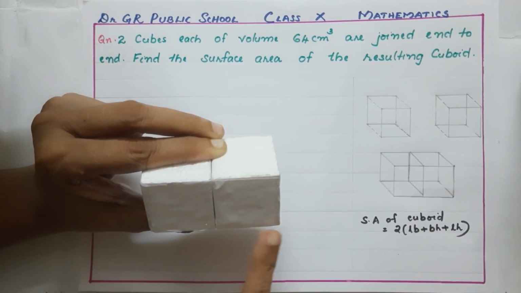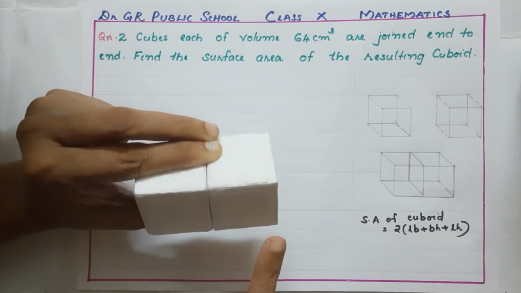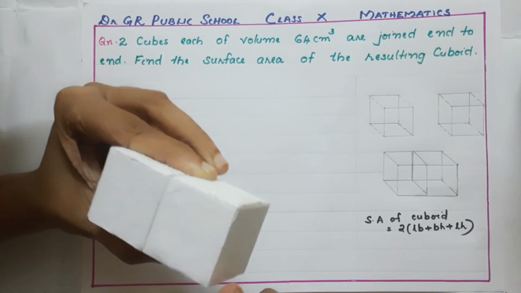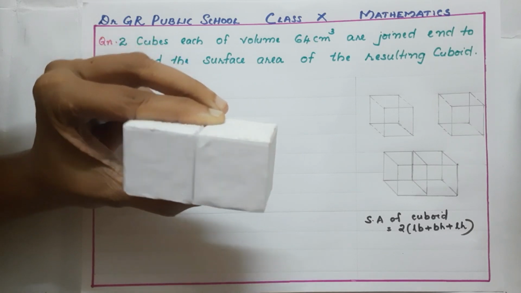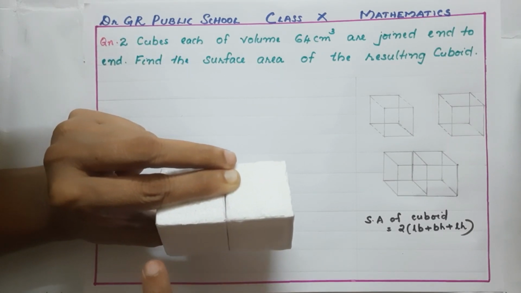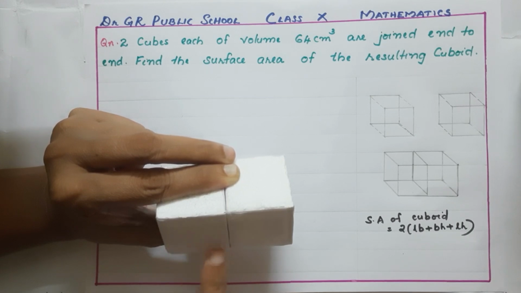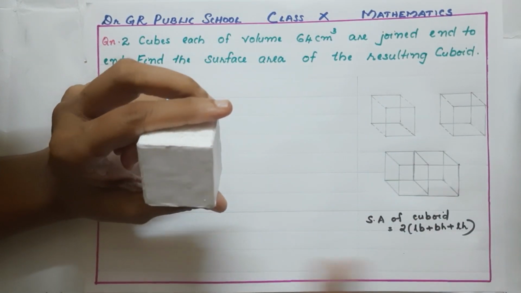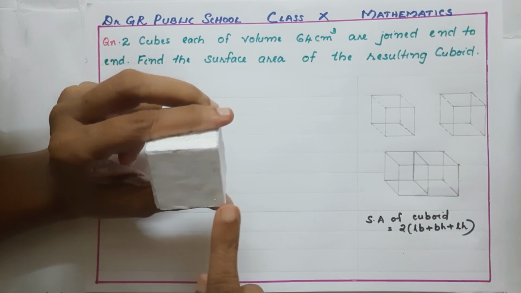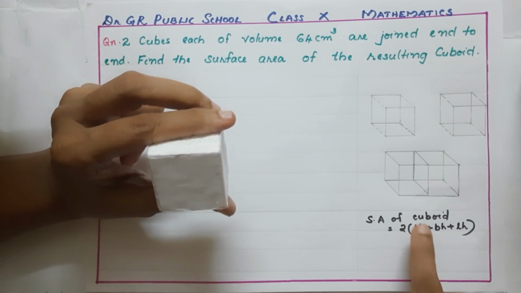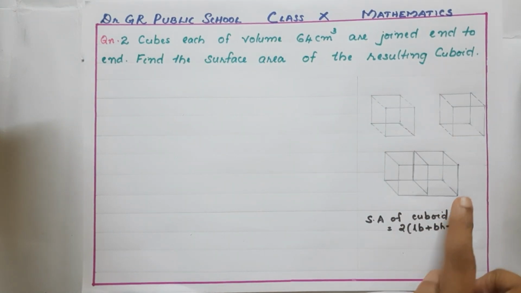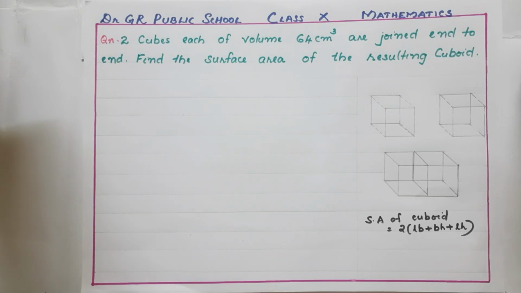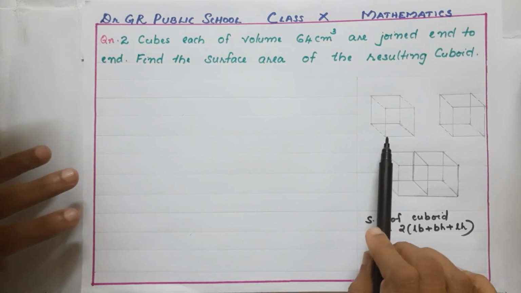So to get the length, breadth and height of this cuboid, we have to get the measurement of the edge of the cube. How will we get the measurement of one edge of the cube?